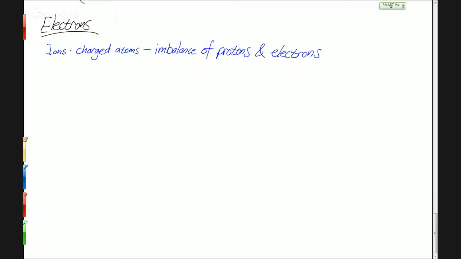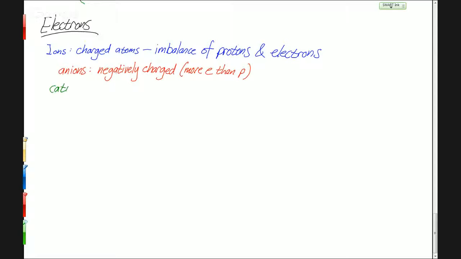So we've got two terms for those. Anybody know what they are? What positive and negative ions are called? Yeah, anions and cations. So anions are negatively charged, which means they have more electrons than protons.